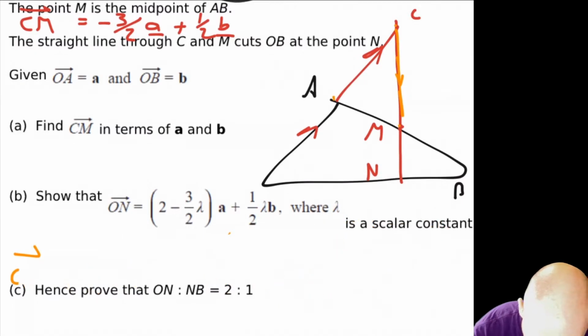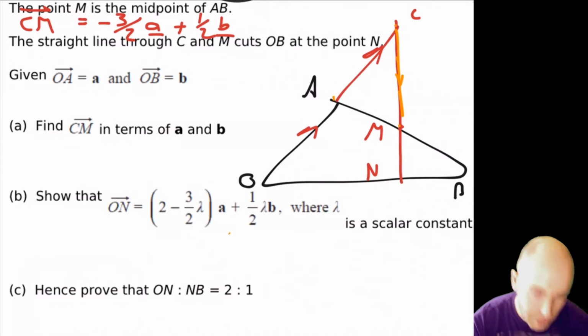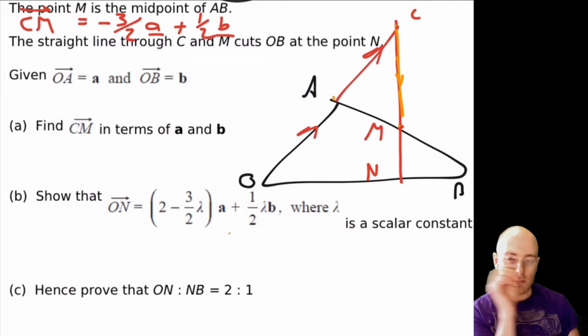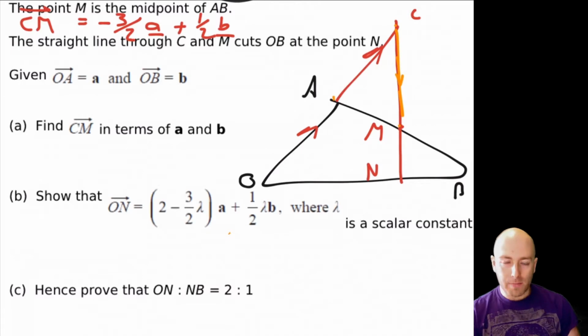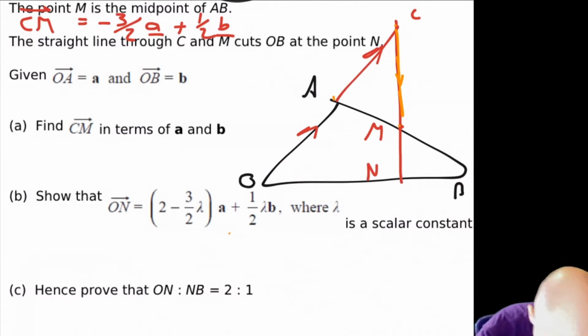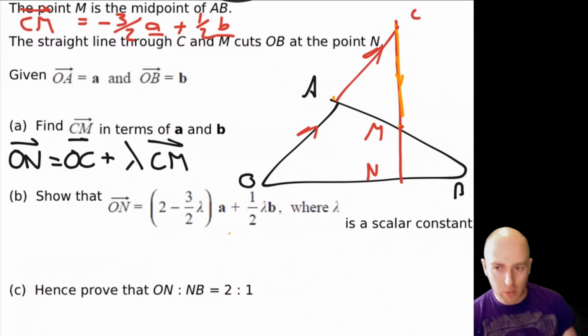Okay, part B, find O to N. So O to N, there's 2 ways of doing it. You can either go straight there from O just horizontally. We don't want that, we want that later. Or we can go O to C, C to N. So that's how we're going to do it. We're going to say ON is OC plus lambda CM, because we know CM, we just worked it out.